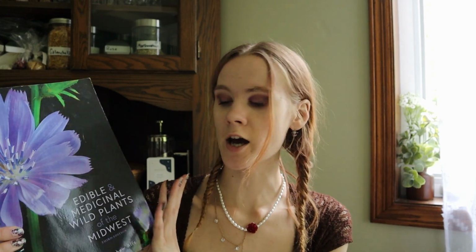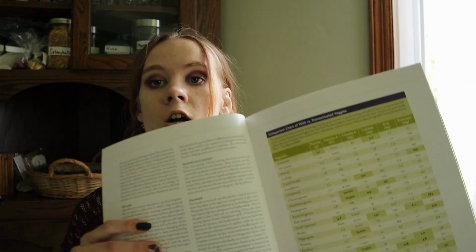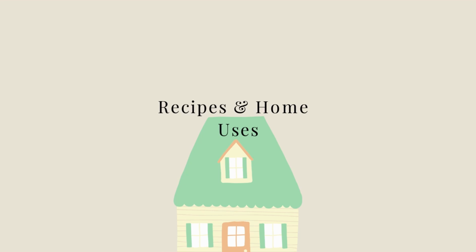Then my next recommendation, this was actually recommended to me by my teacher. This is The Edible and Medicinal Wild Plants of the Midwest by Matthew Alfs, and I love this. This actually has wild strawberry in it, which I haven't found anywhere else; I'm sure people have written on it, I just haven't found it. So he has each of the plants. And I really like that he has a comparison chart for wild versus domesticated.